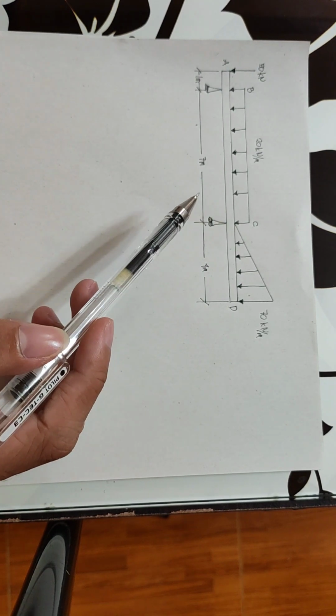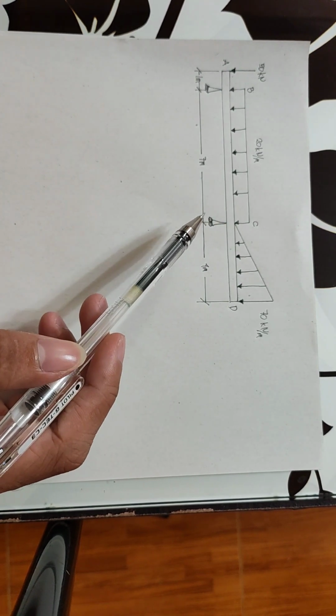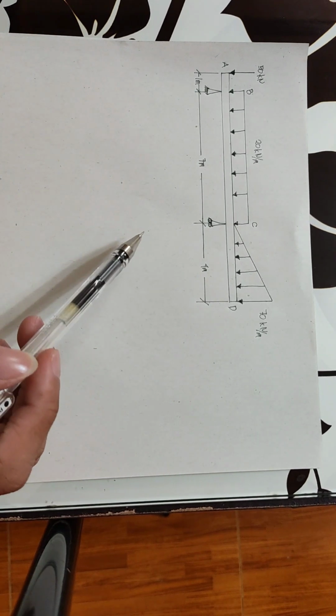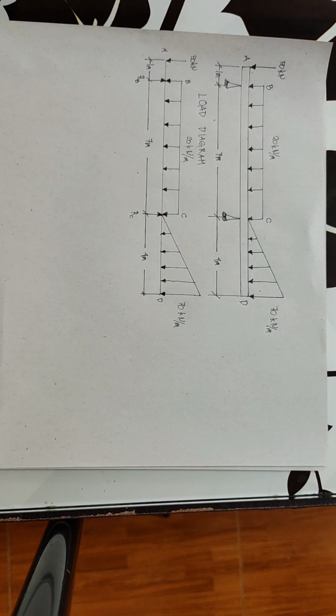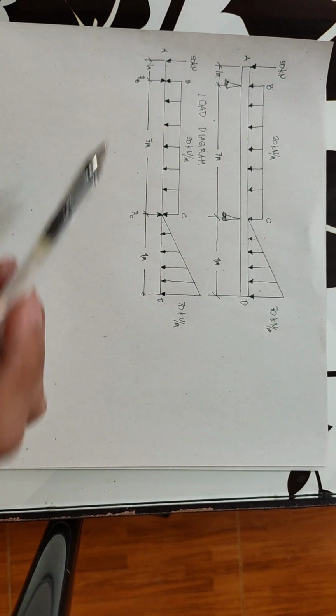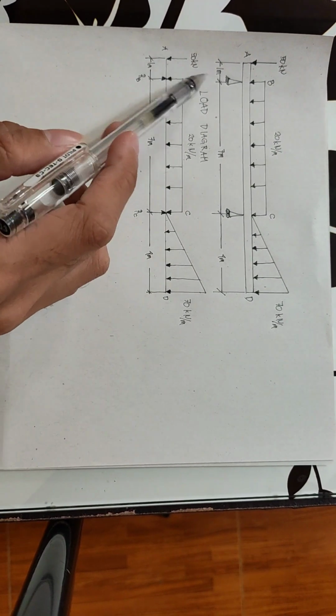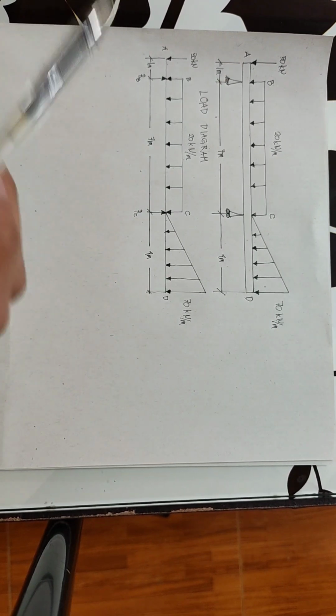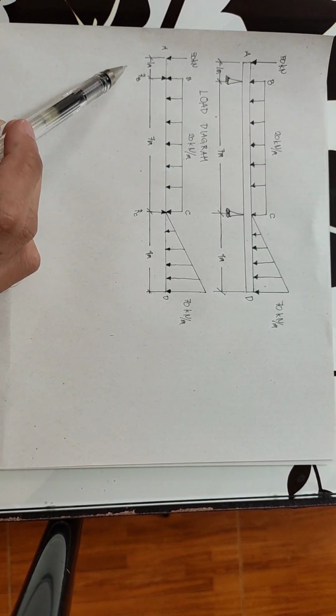So what we're going to do next is draw its load diagram. The load diagram will look like this. The pin at point B, we replace by a reaction force and name it RB.